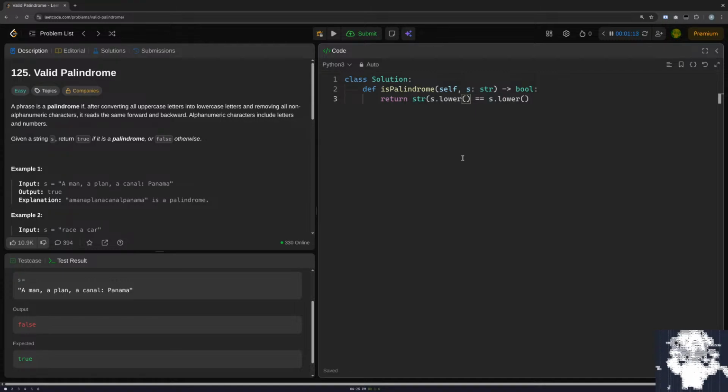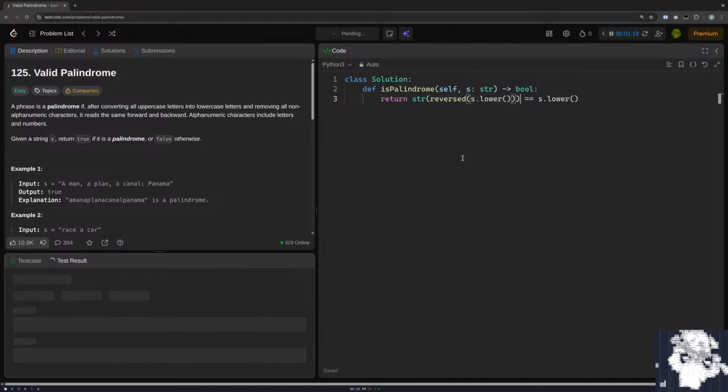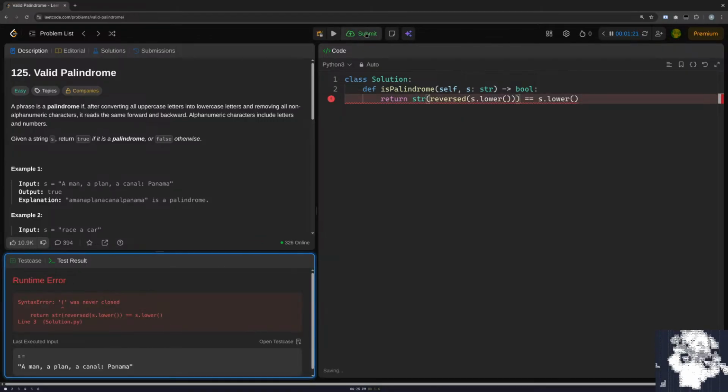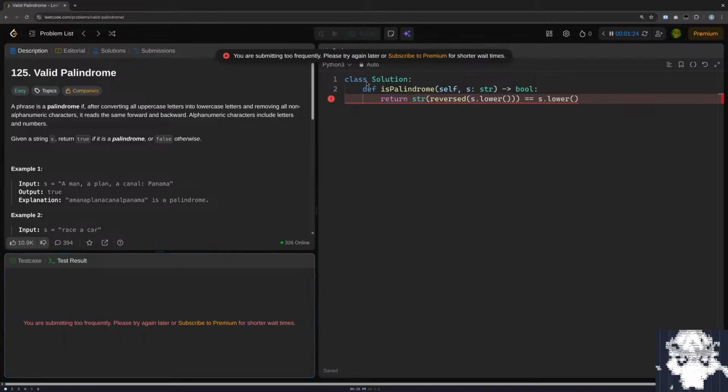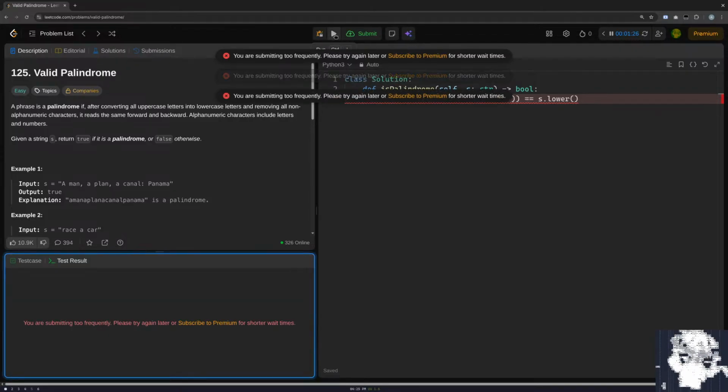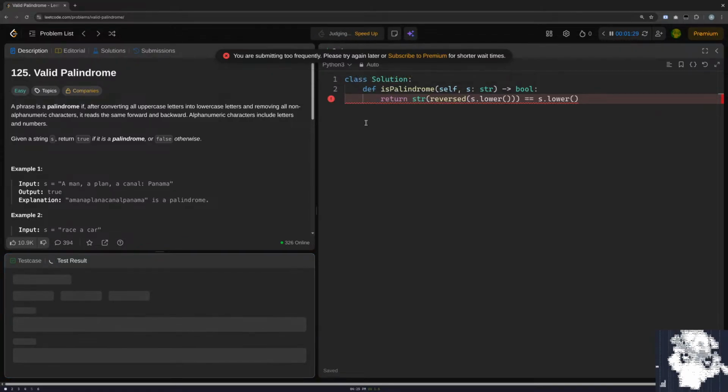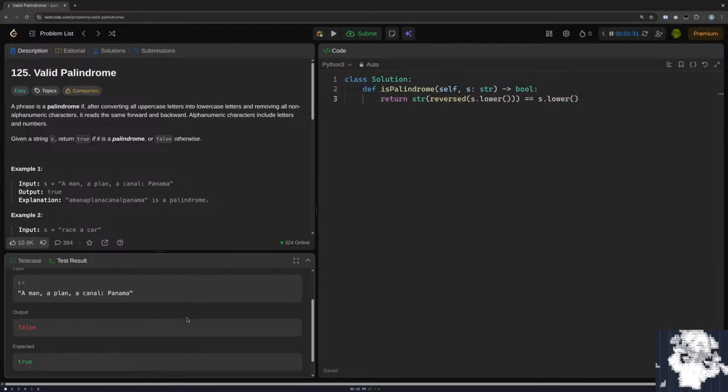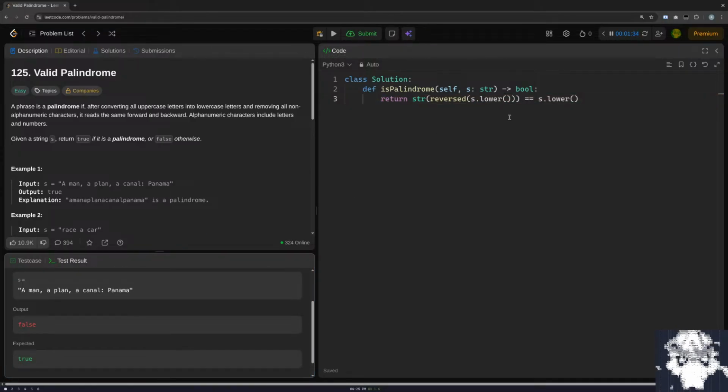Do I just need to do string of reverse? Oh, removing alphanumeric. Okay, well, let's not try to cheese it. Let's just do it the way it wants.